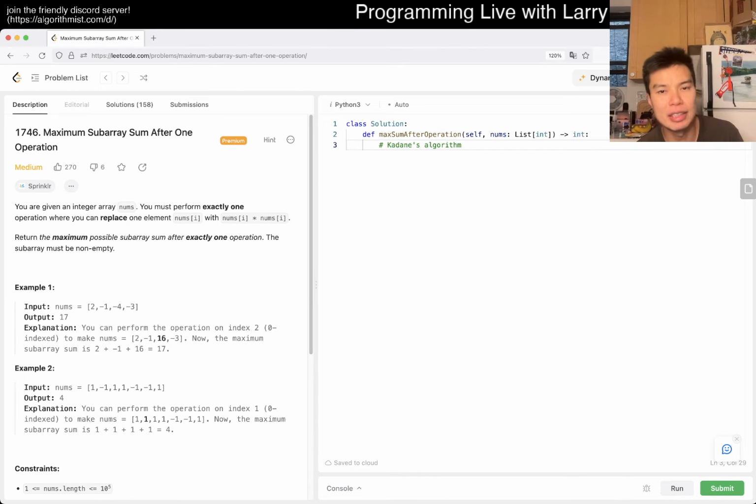So I think the idea here then, from that, is to just run it in parallel.